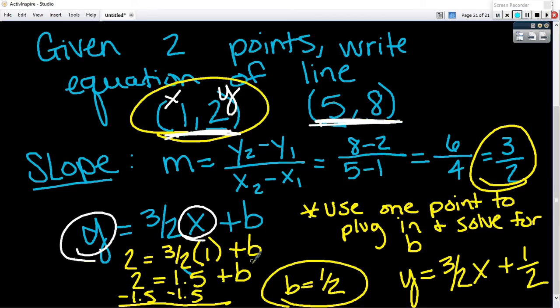So 3 over 2 times 1 is 1.5. When you subtract that from both sides, 2 minus 1.5 is 0.5 or 1/2.